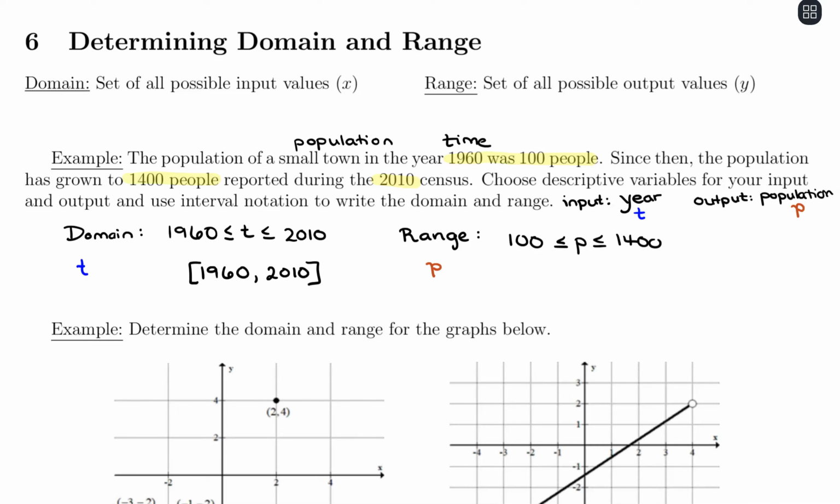We'll assume there weren't any major drops or increases in there that goes beyond those values. So in interval notation, we're starting at 100 with a square bracket, comma, 1,400, using a square bracket because we're including those endpoints. So that's how to think of domain and range in terms of a word problem.